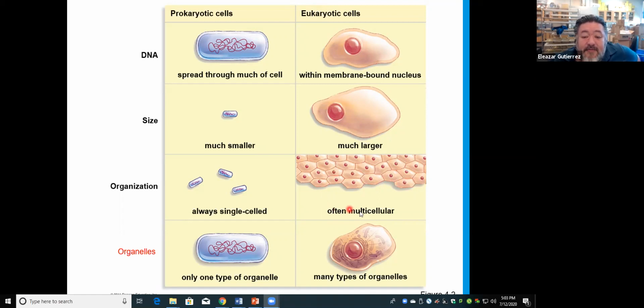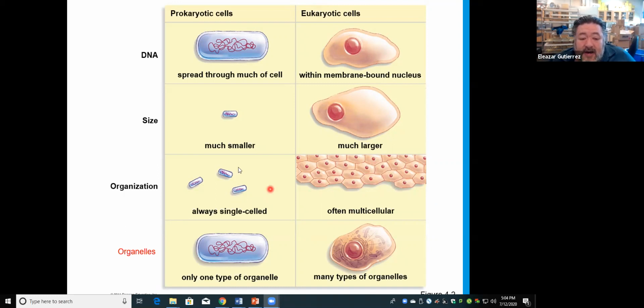We discussed this, I believe, in the last chapter when we talked about the hierarchy, right? We went all the way from the atom all the way to the biosphere. So cells form tissues, and then those tissues come together to form organs, and then those organs come together to form organisms like you and me. So the organization of eukaryotic cells can be quite complex.